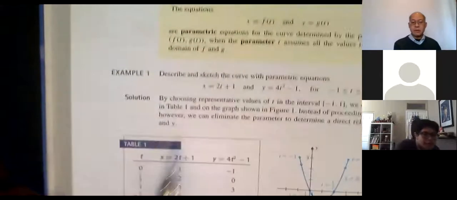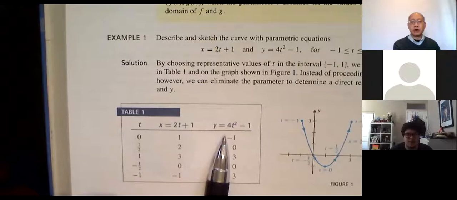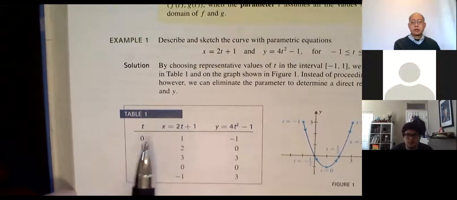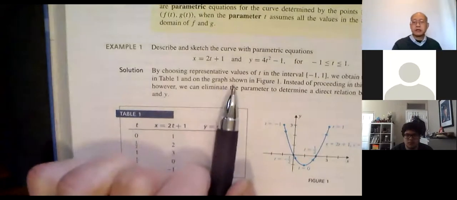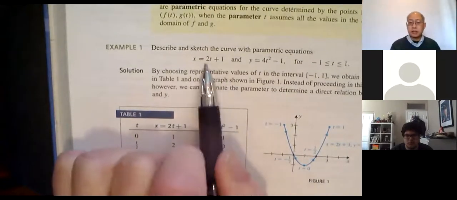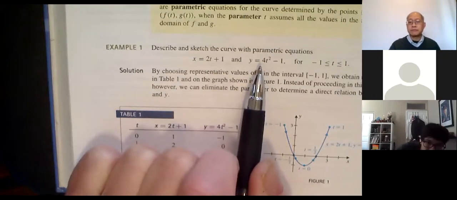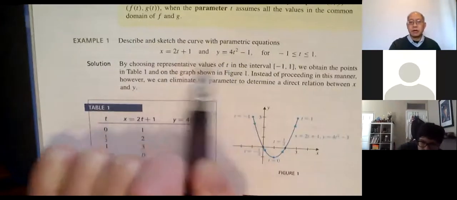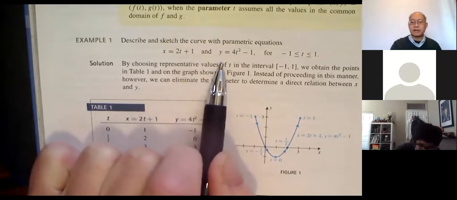Notice we can make a table, t, x, and y. So based on these parametric equations, these 2 are called parametric equations. T is sometimes called the parameter. It's basically another variable. So are x and y related? Yes, they're related because they're both related to t, so to speak.